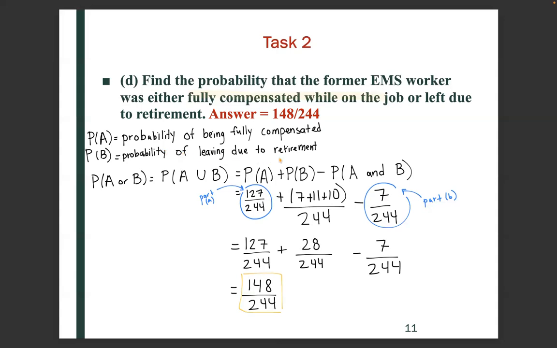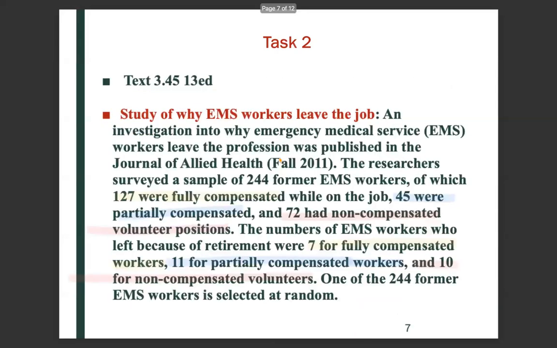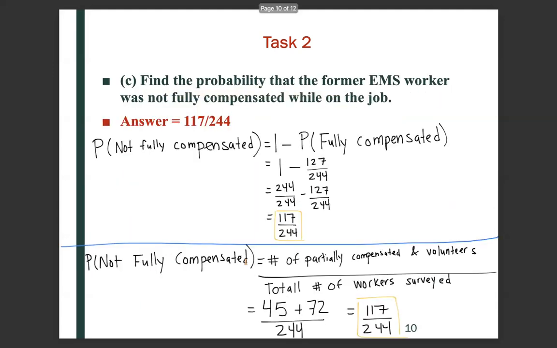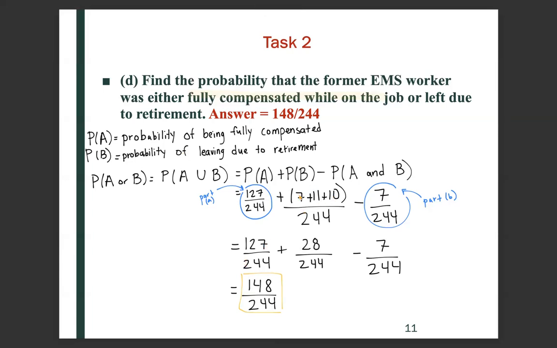To find that, we would add up all of these three numbers down here, because those were the numbers of EMS workers who left due to retirement. So we would do 7 for fully compensated, plus 11 for partially compensated, plus 10 for non-compensated. So 7 plus 11 plus 10, and we divide that by 244.